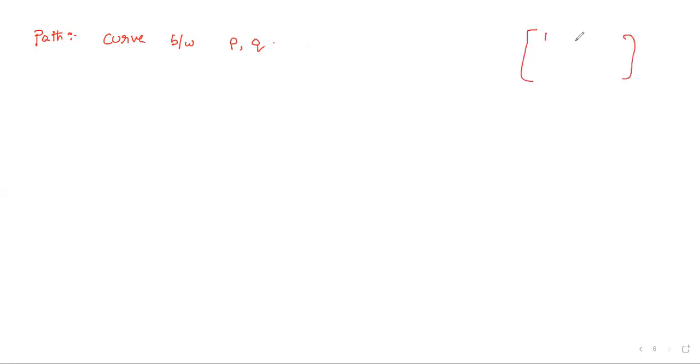Suppose I am considering 1 0 1 1 1 0 1 1 0. I take this as P and this as Q. The curve between P and Q could be this possible curve, this one more possible curve, or this straight line. So many different paths are available, right? These are all called a path, a curve between P comma Q.